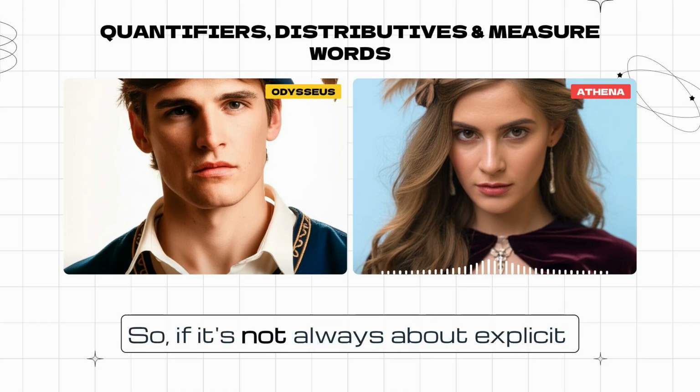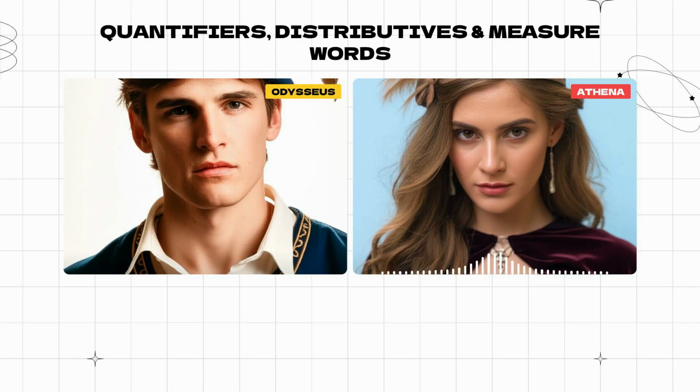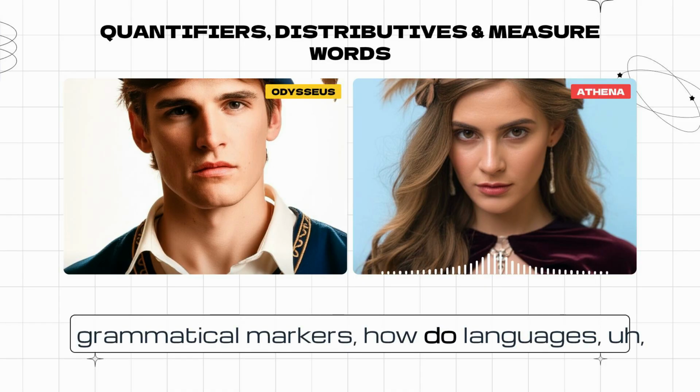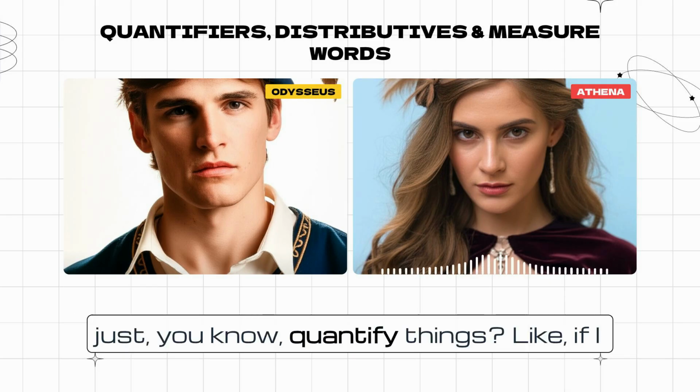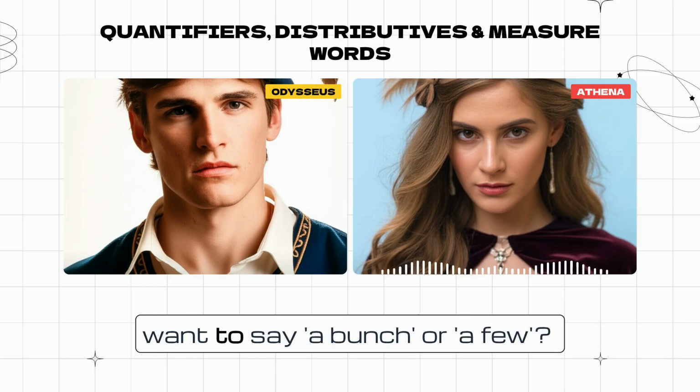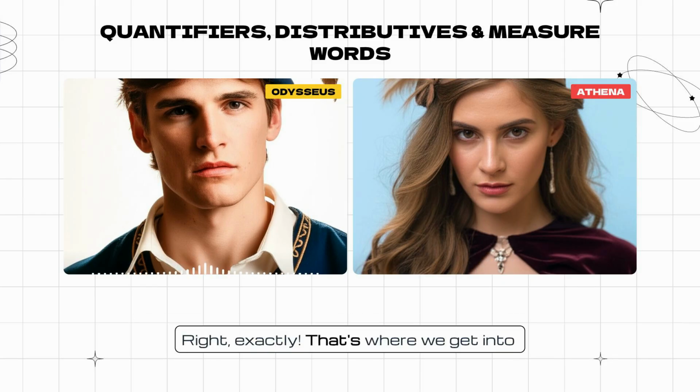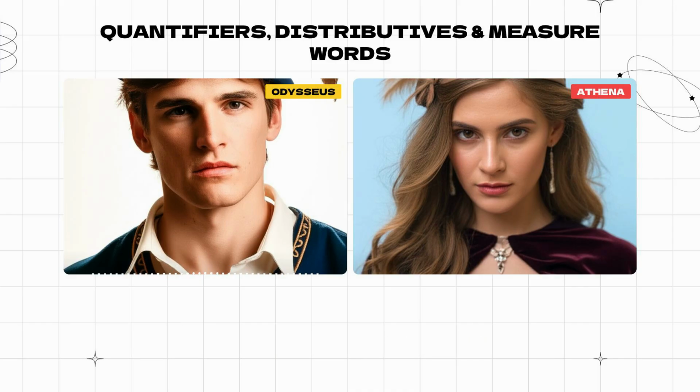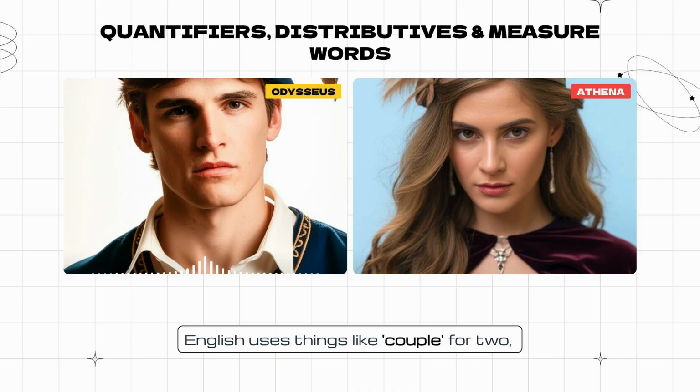So if it's not always about explicit grammatical markers, how do languages quantify things? Like if I want to say a bunch or a few? Right, exactly. That's where we get into quantifiers and specific number words. English uses things like couple for 2, double for 2 times, triple for 3.